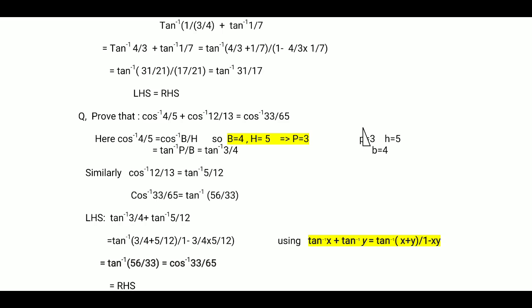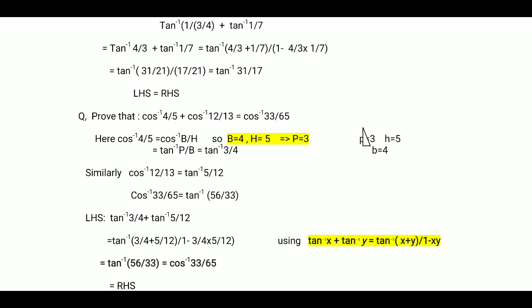We can convert another cos inverse in terms of tan inverse also. Similarly, with the above process we can draw a triangle whose base is 12 and hypotenuse is 13, and thus we get, after calculation, the perpendicular is 5.